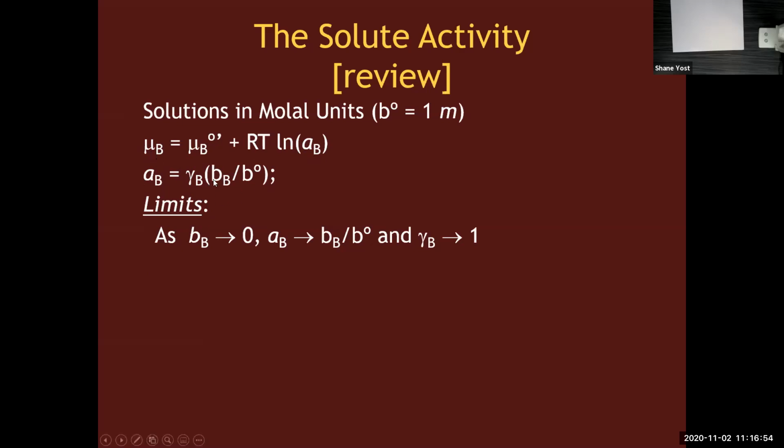But the molality of your solute, assuming it completely breaks apart, is what that b sub B is. So in the first example, the molality of chloride would be 0.15, so b would be 0.15. The activity would be that 0.15 times whatever the activity coefficient is for chloride.